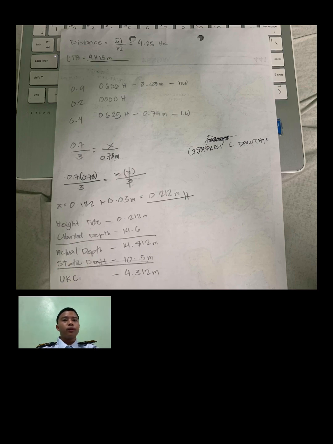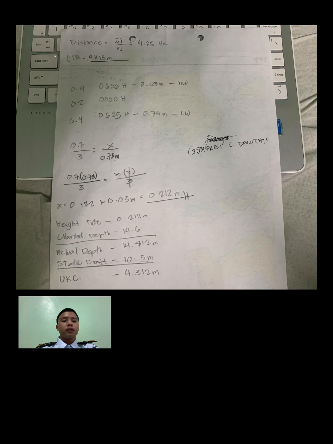So 51 nautical miles divided by 12 knots is equal to 4.25 hours. So our ETA is 4 hours and 15 minutes.